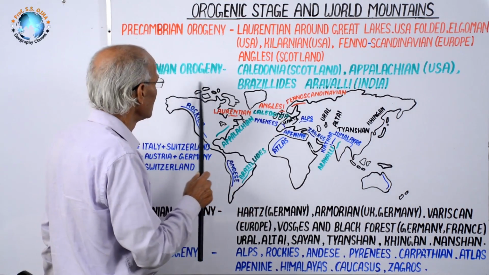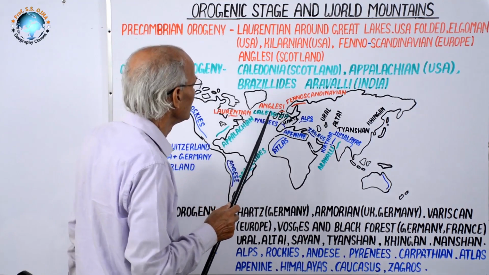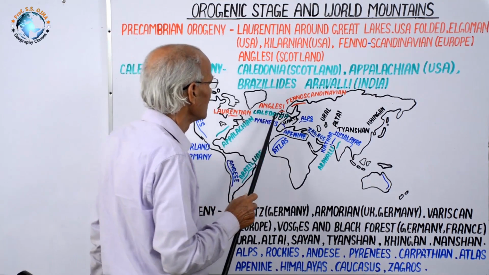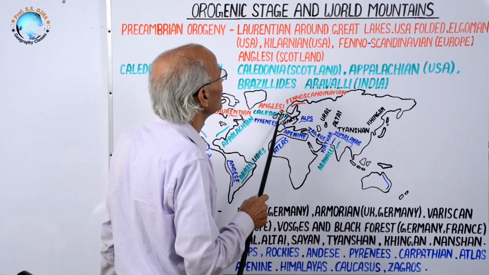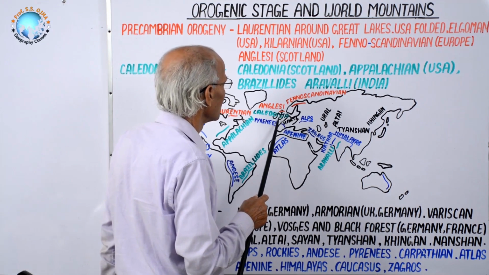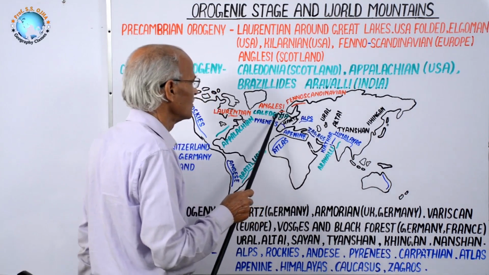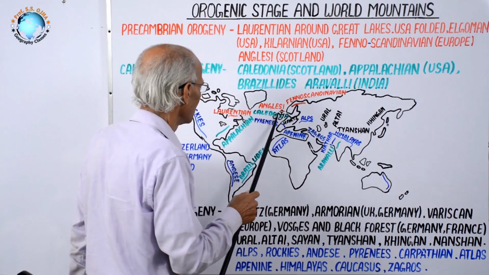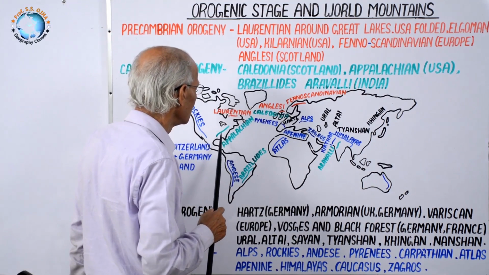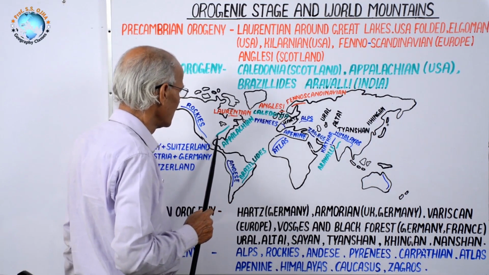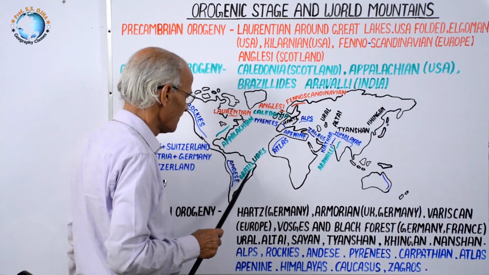Now, Caledonian mountain orogeny. Caledonia is a mountain here in UK, Great Britain, and especially Scotland. When this mountain was under formation, at the same time here Appalachian mountain came into existence.